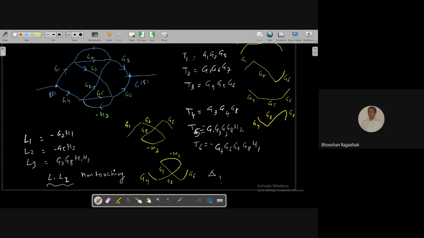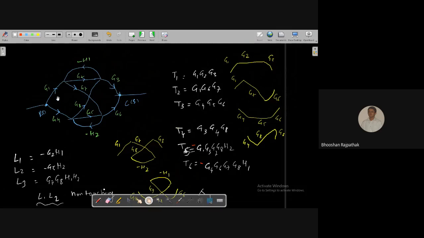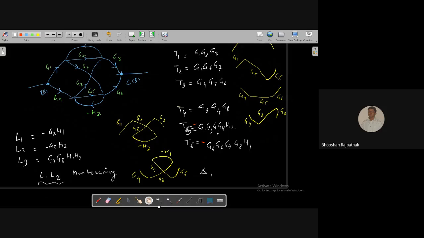So delta one is the forward path, which is this G1, G2, G3, and to this forward path, the loop which is non-touching is this loop G5H2. So here this will be equal to 1 plus G5H2. Why? The formula is 1 minus, but there is already minus sign here, G5H2, so it will be plus.